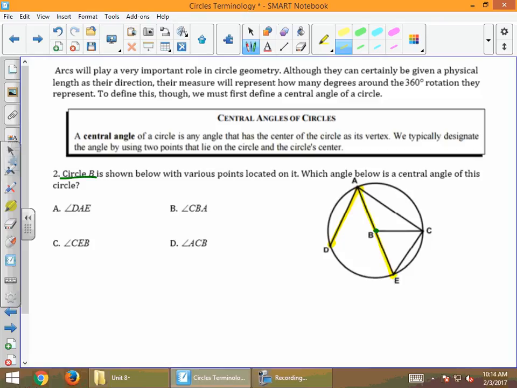Is that angle's vertex on the center? No. Here's this angle's vertex. Remember, it's the kind of pointy part of your angle. That's on the edge. We'll talk about those types of angles on Monday. That's not a central angle. Okay? Let's highlight the next one.